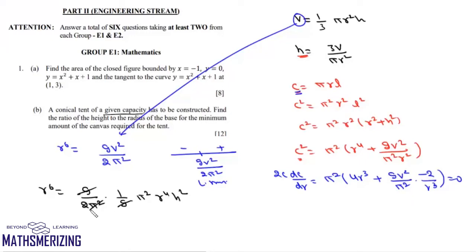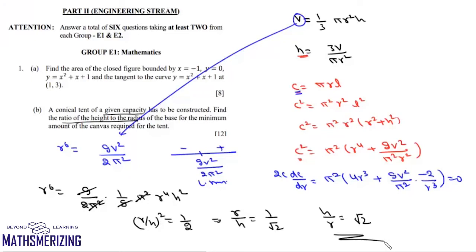This 9 will cancel, pi square will also cancel. We can write (r upon h) whole square, and it will be equal to 1 by 2. That is, the value of r upon h should be 1 by root 2. Now we need to find the ratio of the height to radius of the base. So h upon r will be simply root 2, and that's the answer to this question.